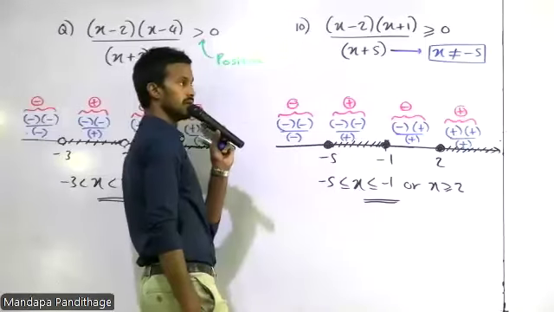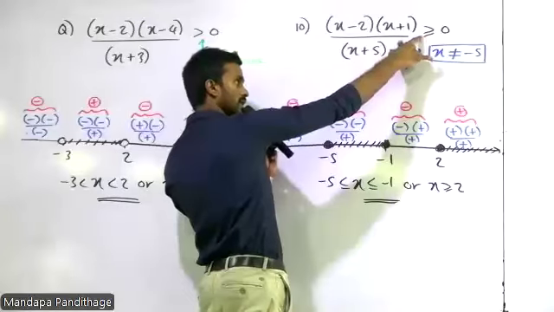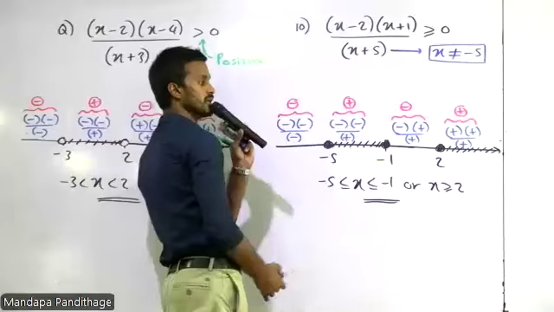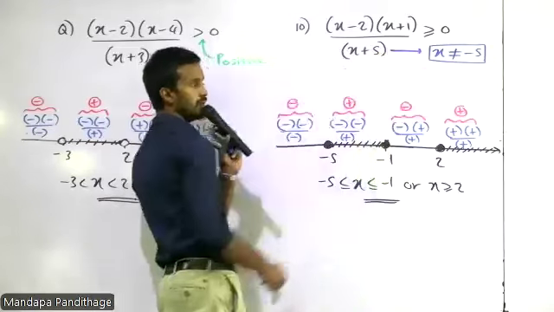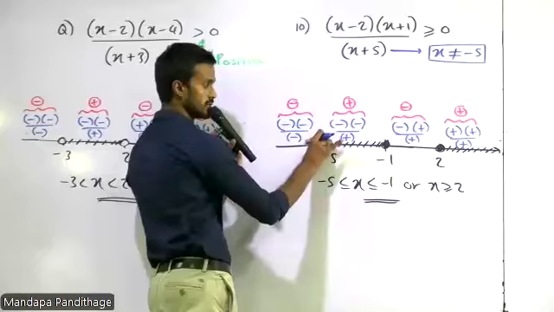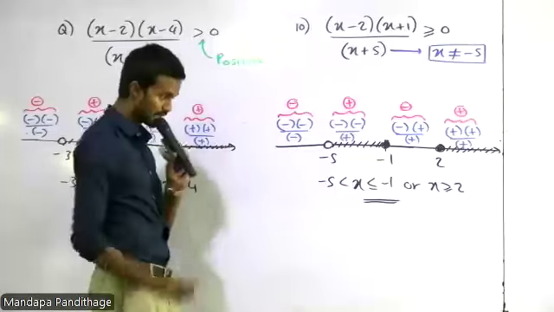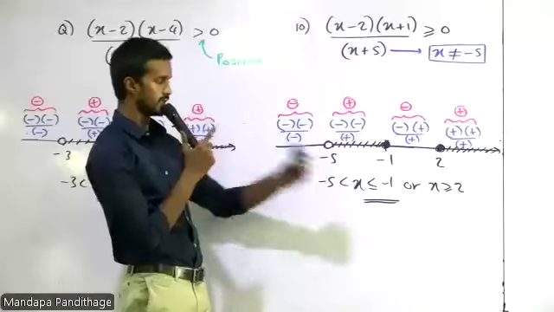Normally we consider these border values, but if there is a denominator, the denominator can't be 0. So in this case, you have to take out this minus 5. Your final answer should be that x is greater than minus 5, not equal. But in all the other terms, there is the equality. Put a red arrow near the denominator and write this.